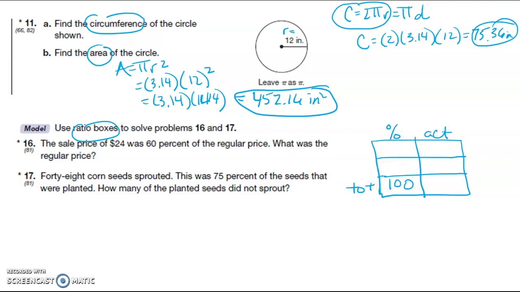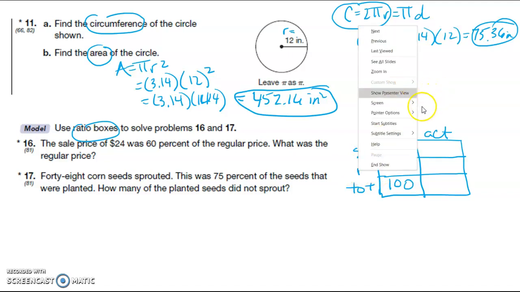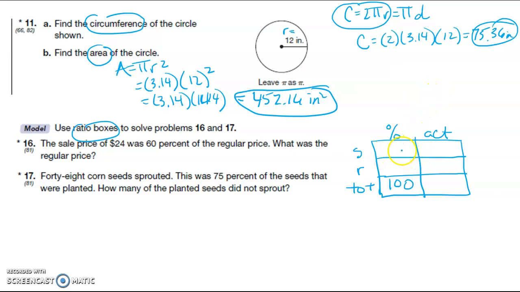It says sale price, regular. Oops. I don't think this is going to work this way. So 60% regular price. Why is this not working in my brain?